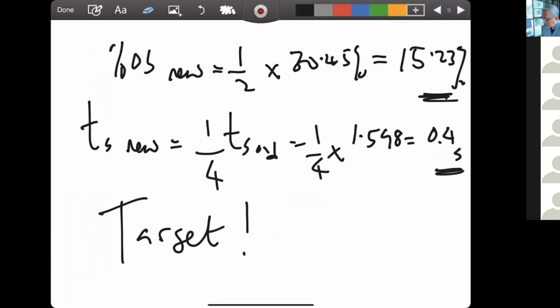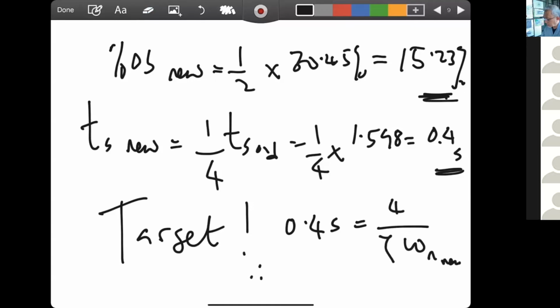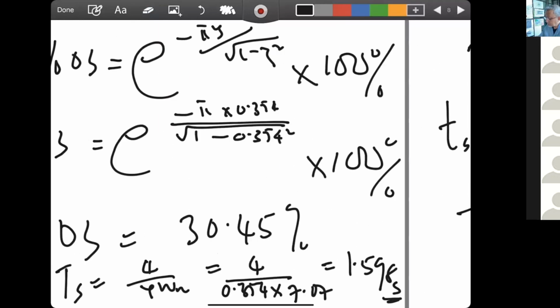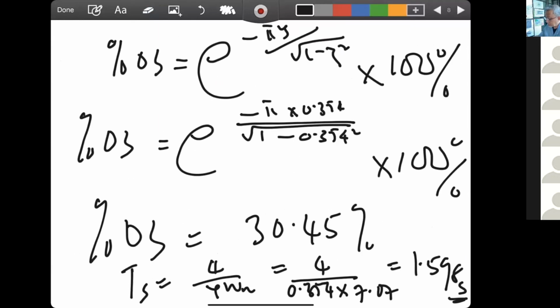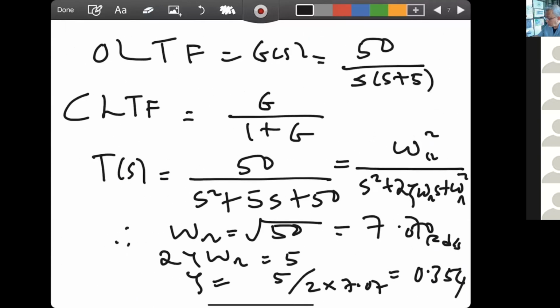Jadi 0.4 second sama dengan 4 bagi zeta omega n new. So kita kena kira yang baru. Okay. Omega n new adalah 4 bagi 0.4 darab zeta. Zeta berapa? 0.354.